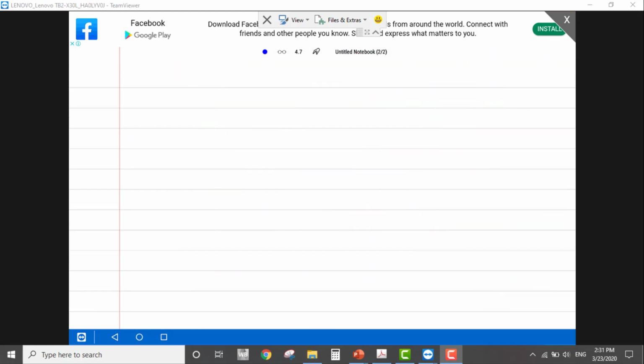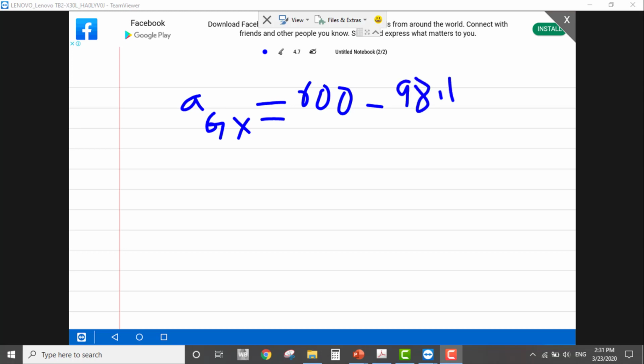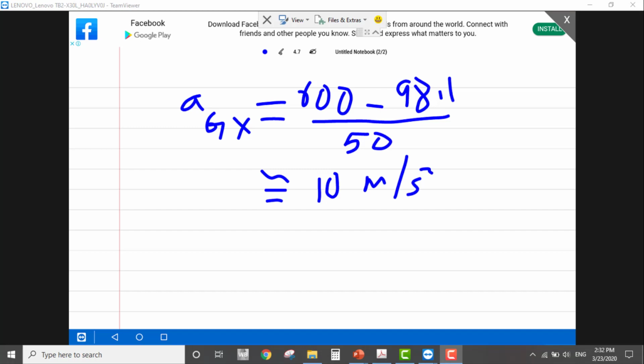And from the previous equation, we can say that a_Gx equals 600 minus 0.2 times 490.5, which is 98.1, divided by 50, and this is equal to almost 10 meter per second squared. So this is the requirement of this problem.